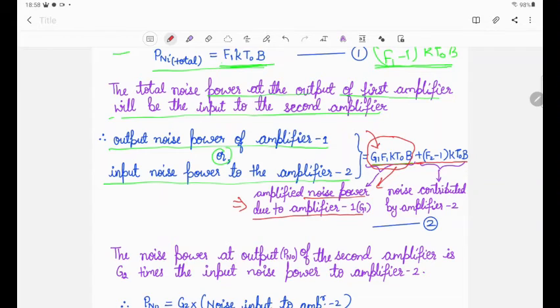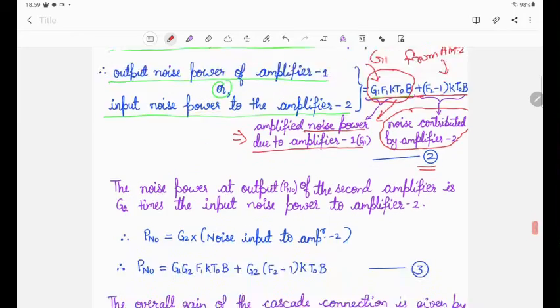That's why it is multiplied by G1. And this is the noise contributed by amplifier 2. So this is equation number 2.